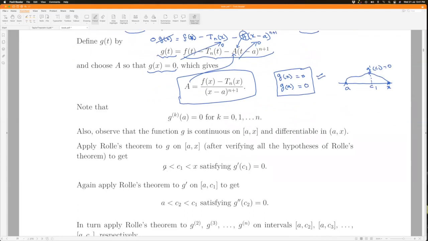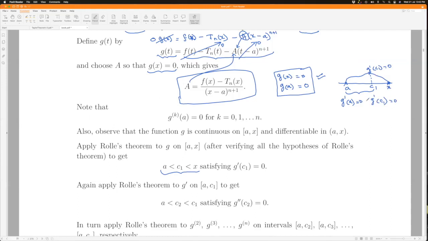Now what you do is you consider a to C1. Okay, this interval. Here again, g dash of a is 0. Again, you can see directly from the expression, you differentiate g with respect to t and put t equal to a, you will see that g dash of a is 0, and we already have g dash of C1 is 0, thanks to Rolle's theorem.